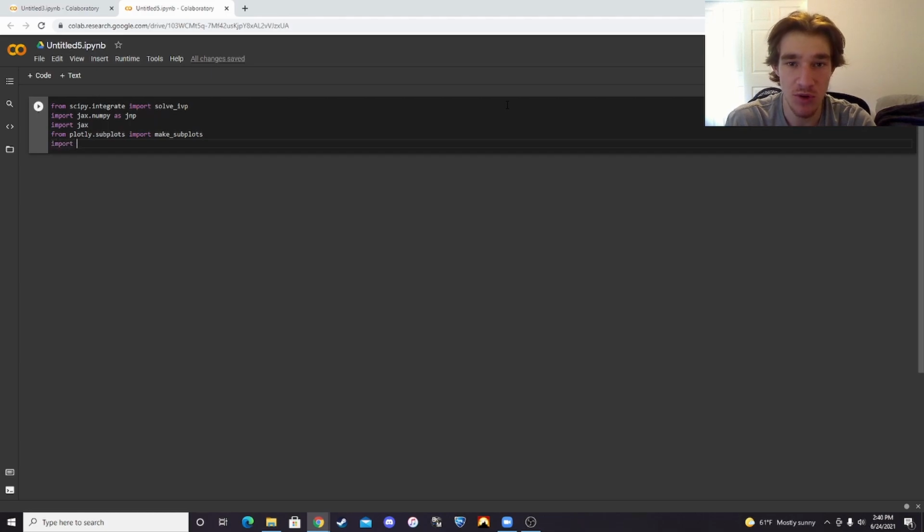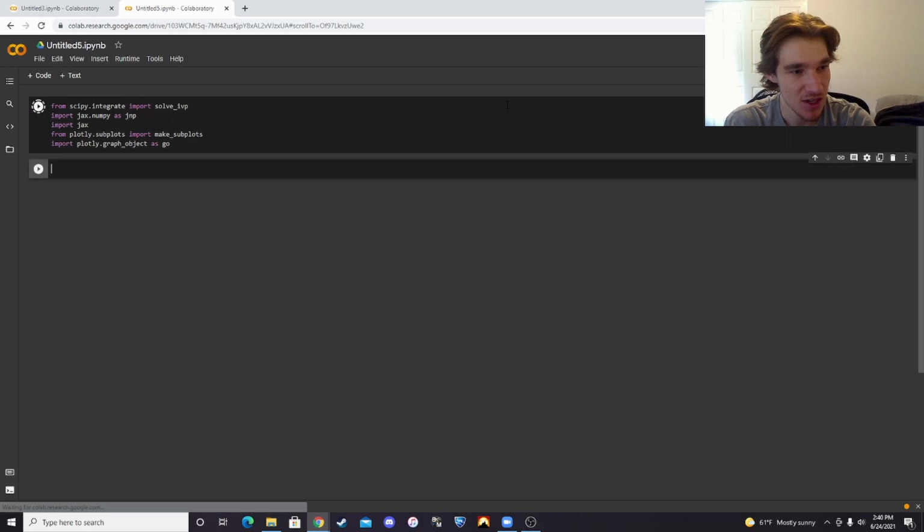We're also going to be importing plotly graph objects, which will allow us to do more things with our graphs as we make them. And we're going to be labeling that as GO, which stands for graph objects, also known as Go. Make sure we click run on that to make sure there's no typos in there, and it can import all of the appropriate libraries.